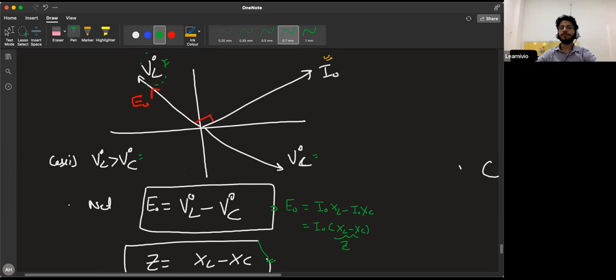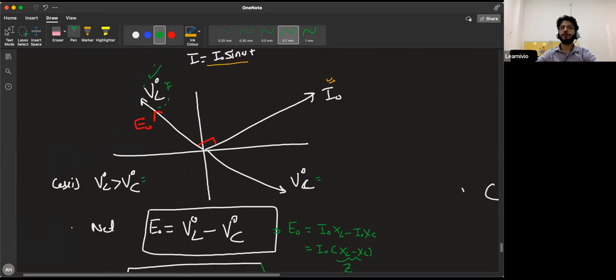If you look at the phase difference between V naught L and I naught, can you compare lead and lag here? Which one leads and which one will lag? This is your net EMF, E naught, and this is I naught. Which term is leading and which one is lagging?